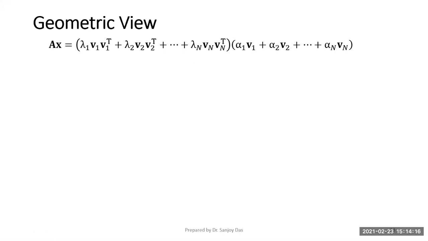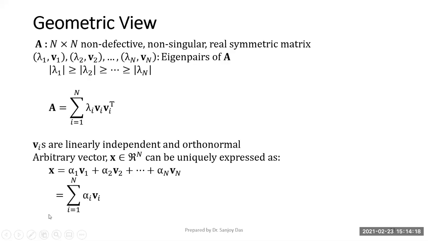One quick question. Now, here I originally expressed X in this manner. Now, remembering that V1, V2, all these are unit vectors and they're all orthogonal to one another, right? Then what is the L2 norm or the length of this vector X? I ask you this question. What is the length or the L2 norm of X?